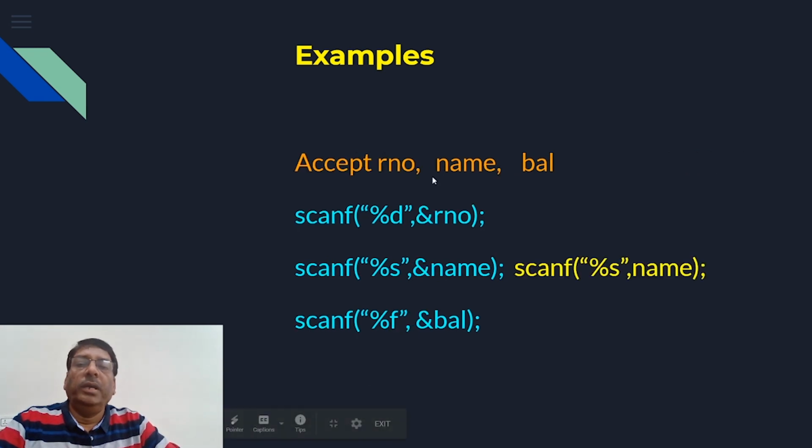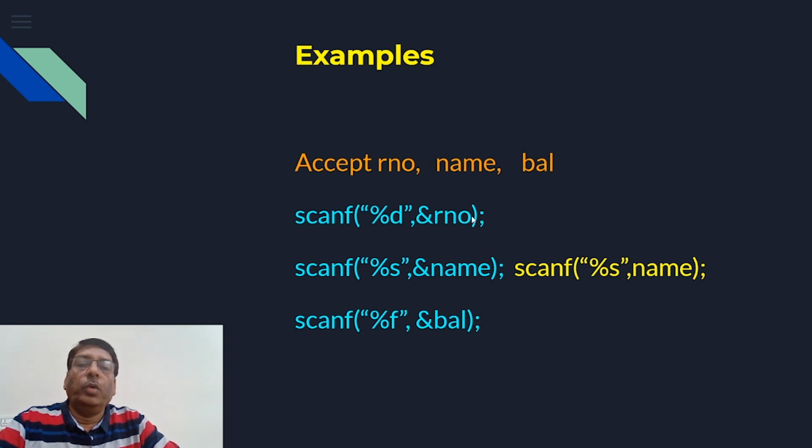In the same way, if I want to accept a value for variables called roll number, name, and balance, wherein roll number is an integer, name is a group of characters, and balance is a float, then I am supposed to write scanf %d, as we have done in the printf statement, comma ampersand RNO.